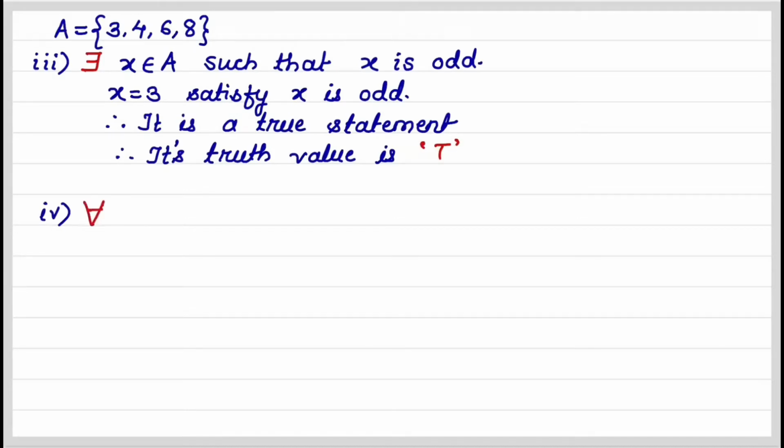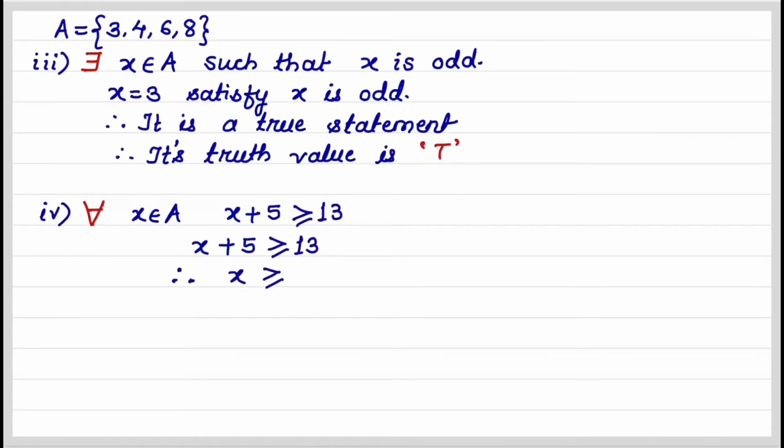Now next example: for every x belonging to A, x plus 5 is greater than or equal to 13. Solve this inequality. We get x is greater than or equal to 8. Every element of set A must satisfy this inequality.